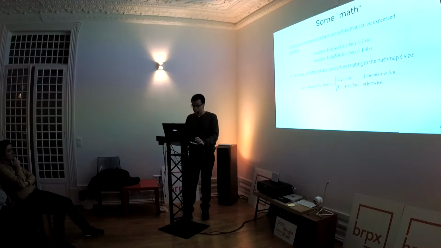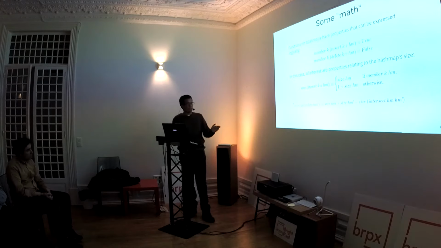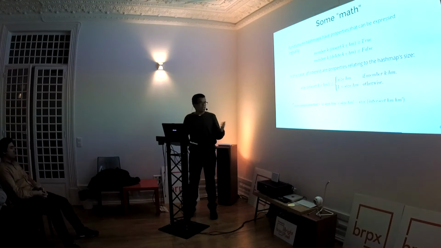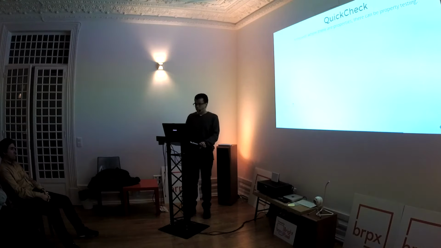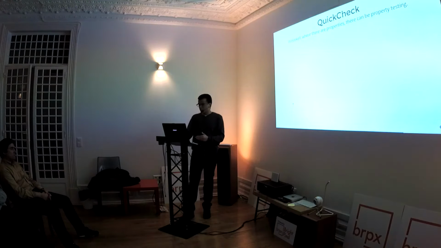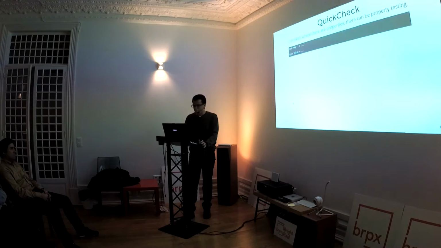And a slightly more complex example: the size of the union of two hash maps should be, with some elementary set theory, the size of the first one plus the size of the second one minus the size of their intersection. With these properties, since we have QuickCheck at our disposal, we can do property testing, which is a way of testing that these properties I just showed, and others, because I'm not going to show them all here, there are many, actually hold.